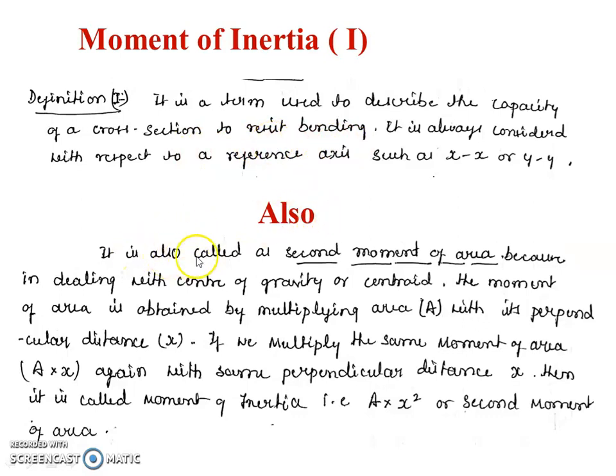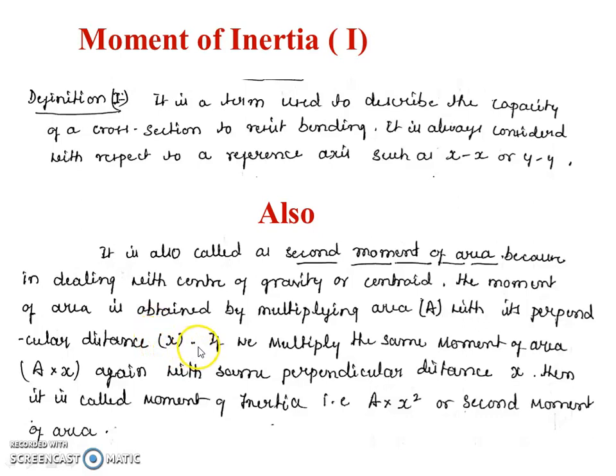Also, it is called second moment of area because in the centroid, the moment of area is obtained by multiplying area with perpendicular distance. This perpendicular distance is the distance of the centroid of a geometric shape from the reference axis.